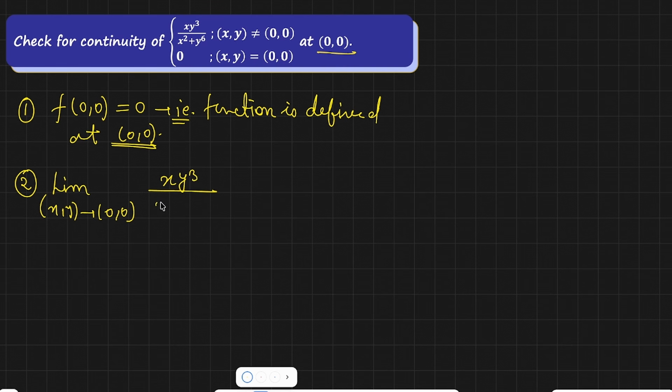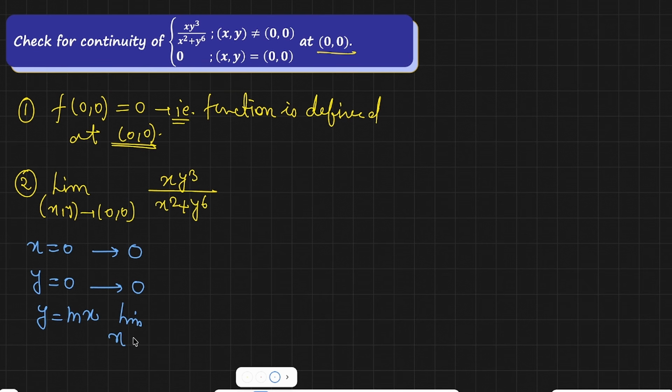that is xy cube upon x square plus y power 6. Okay, then you take x equals to 0. Then what is the value? If you put x equals to 0, you will get 0. If you put y equals to 0, you will get 0. Then you put y equals to mx. Then what will happen?